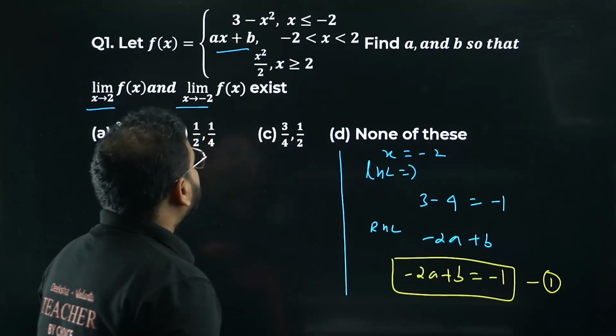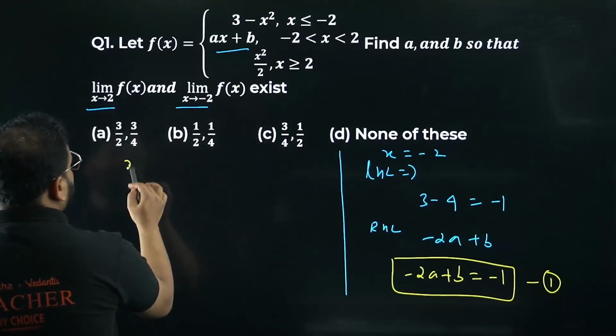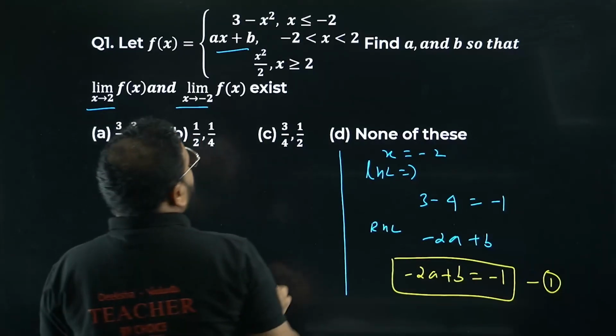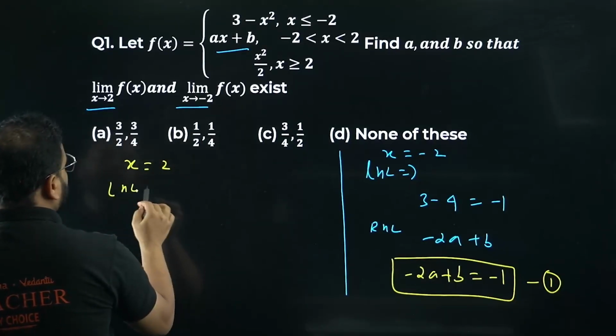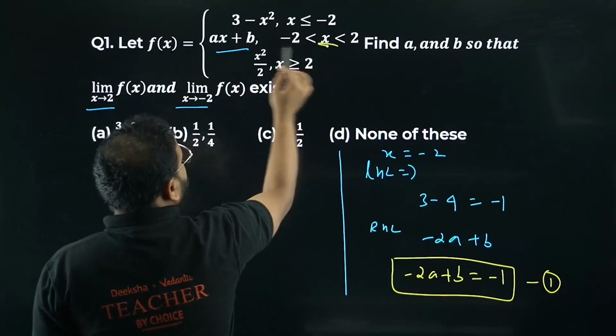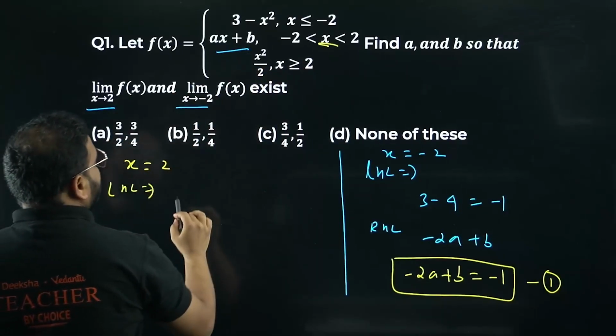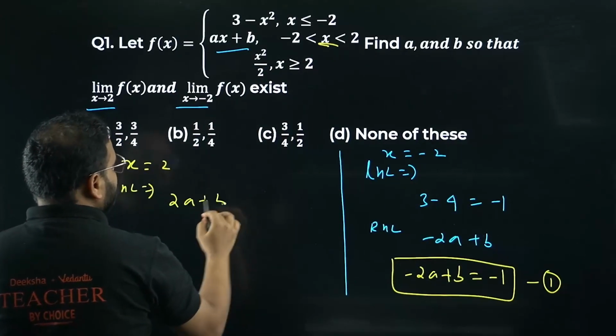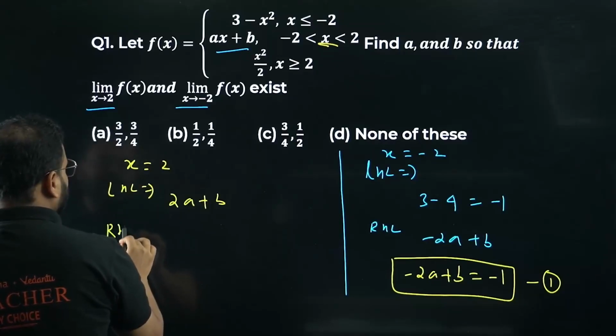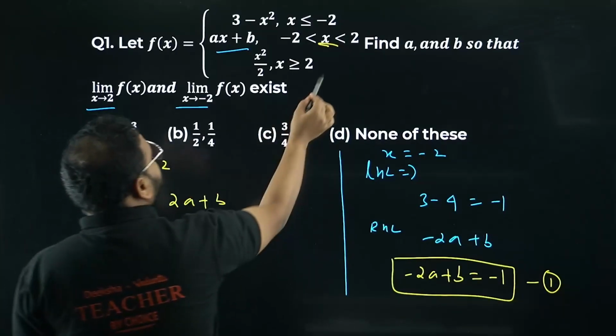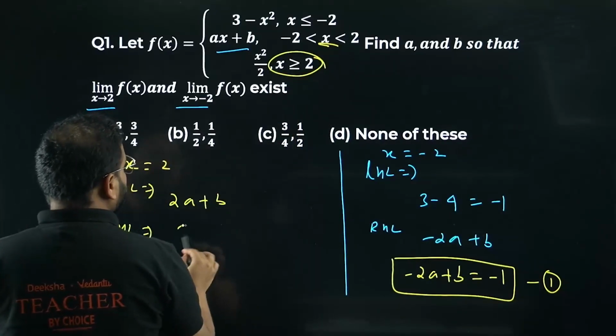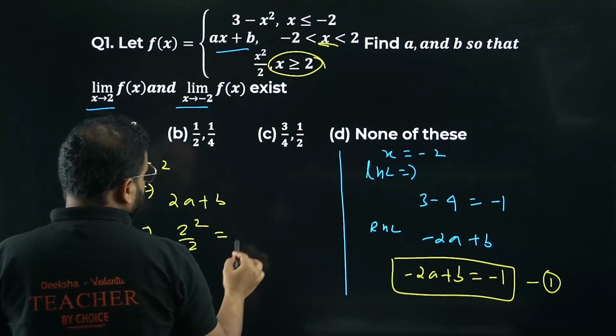Now let's write at the point x equals 2. If I write LHL, using this function, I get 2a plus b as my LHL. For RHL, I get 2 square by 2, which is simply 2.